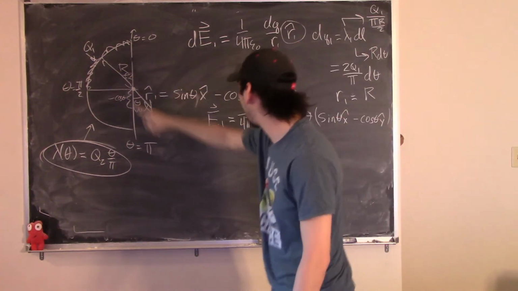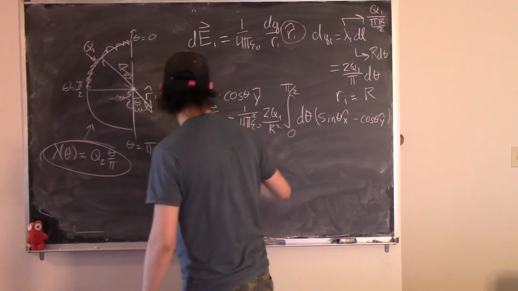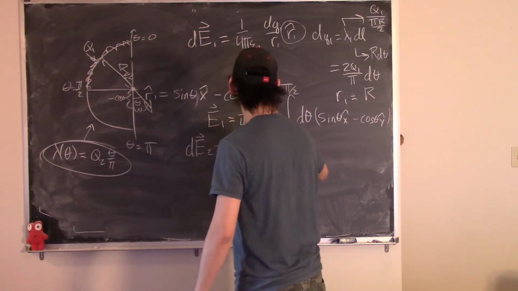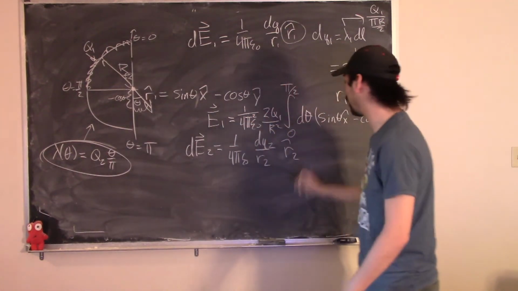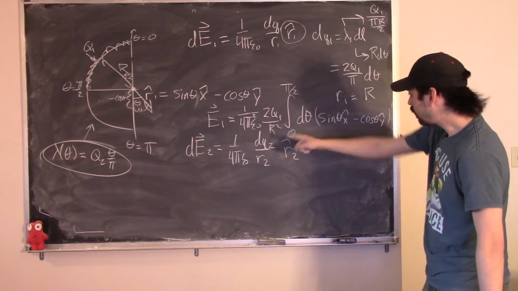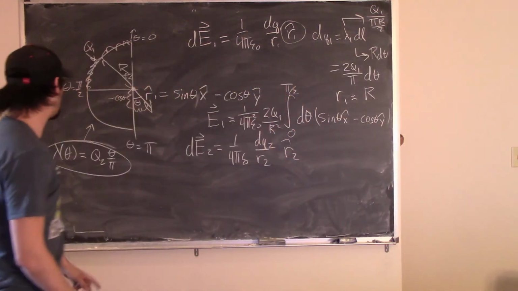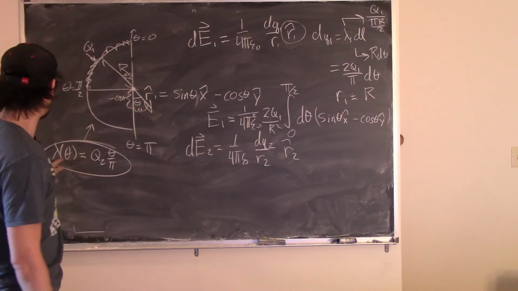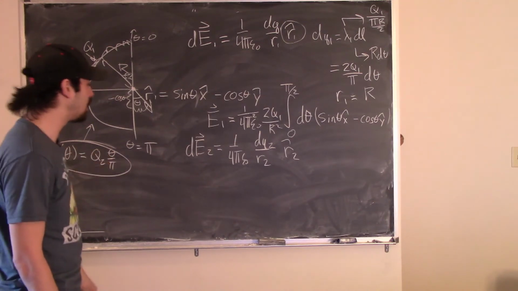So to look at the second part, when I'm looking at dE vector 2, this is equal to 1 over 4 pi epsilon naught dq2 divided by r2 times r hat 2. Okay. So dq2, again, is just going to be lambda times dl. The dl is going to be the same because it's still the arc of a circle. But now lambda is this function that I have, q2 theta divided by pi.